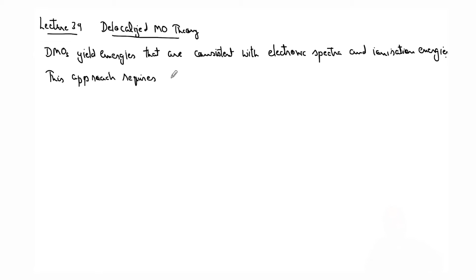So this particular approach requires abandoning the VB or valence bond notion of chemical bond. What is that notion? That the electron pairs reside between the shared atomic orbitals or between the interacting atoms, right?